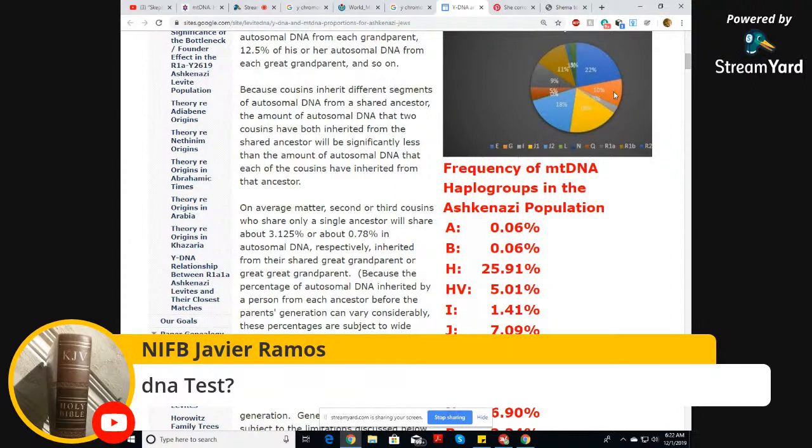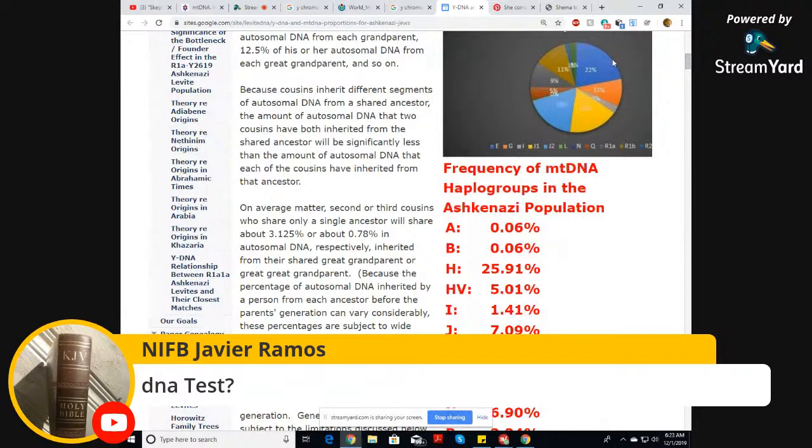But you can't claim to be descended from Jacob, an Israelite, as the Hebrew Israelites do, if you have an E, because E is not Semitic.